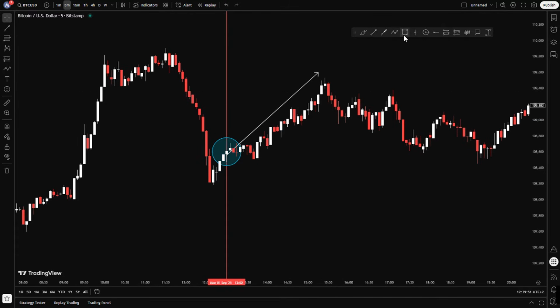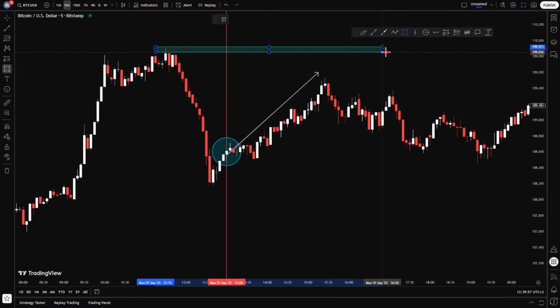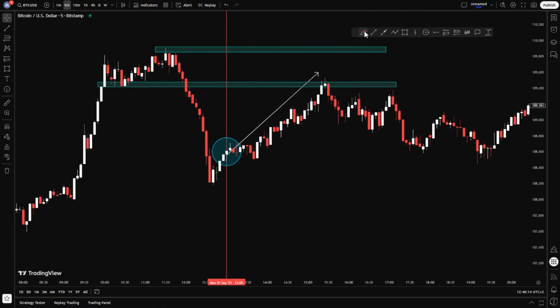So now when we look at this chart, we can see that we have this resistance zone up here, okay? We see that price did not reach the resistance zone to the top, right? Now I want to show you something here. If you draw this line here, and focus here, what do you see?